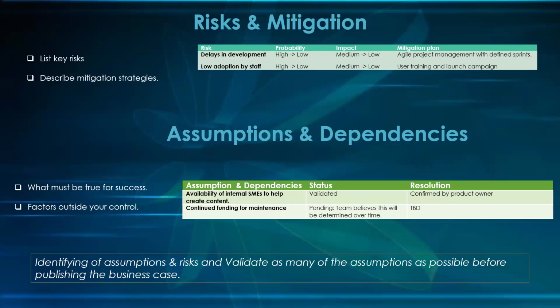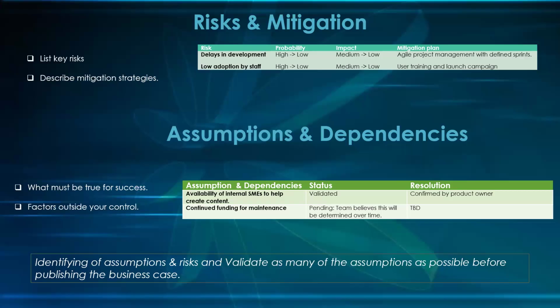Now, as part of the risk, you also want to consider assumptions and dependencies. You want to identify it. For example, if you don't bring all the key stakeholders together, you might miss out some points.